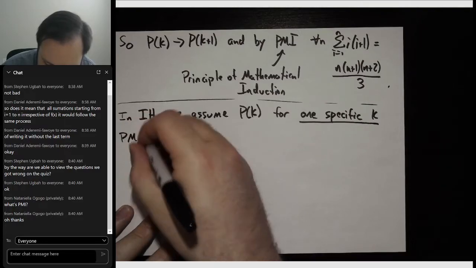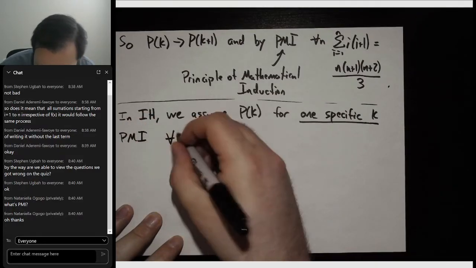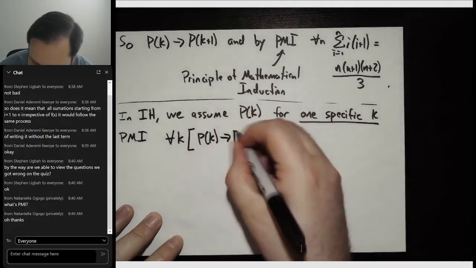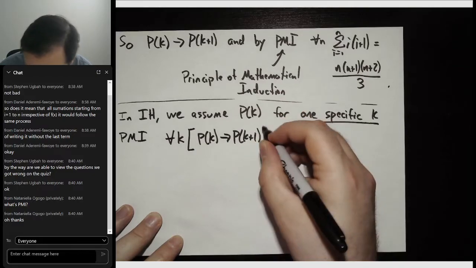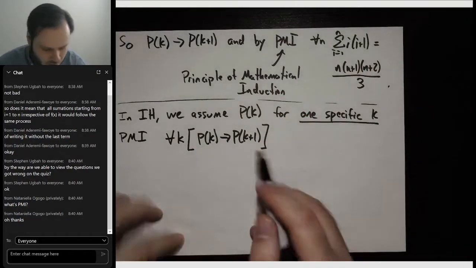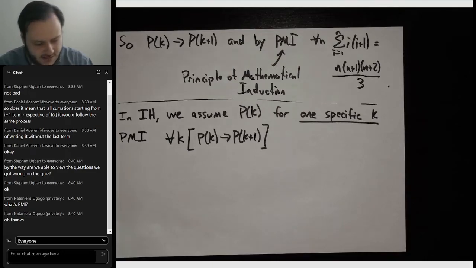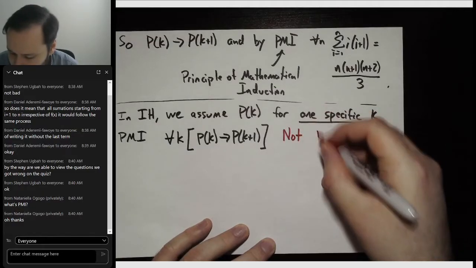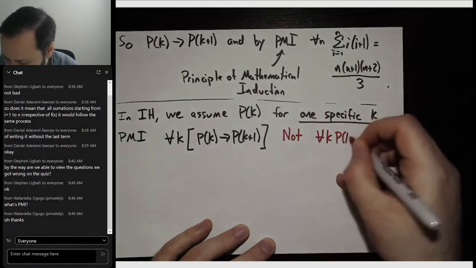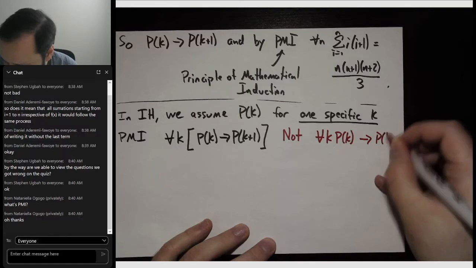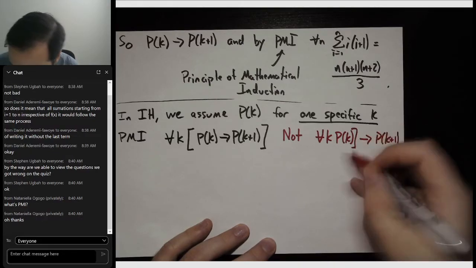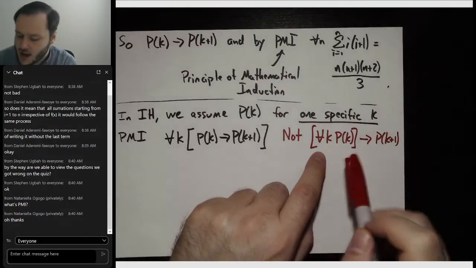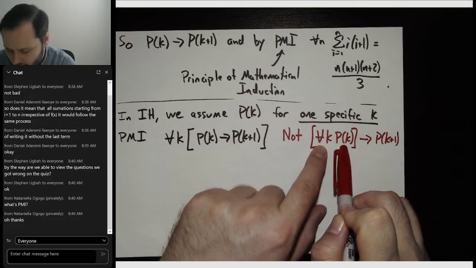PMI works like this. For all k, P of k implies P of k plus 1. This is crucial. It does not work like this. This is the common mistake. You don't want to say, assume P of k for all k.